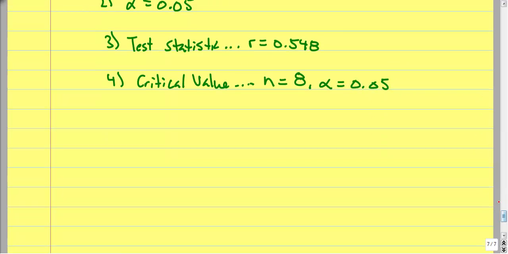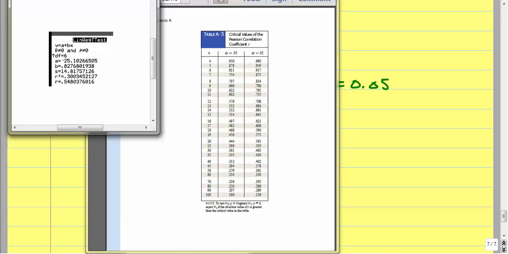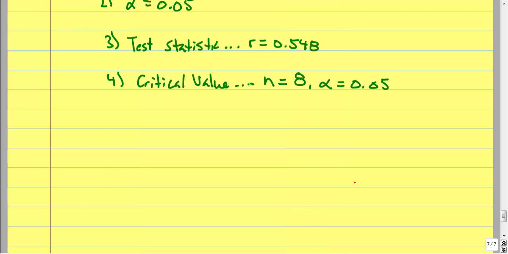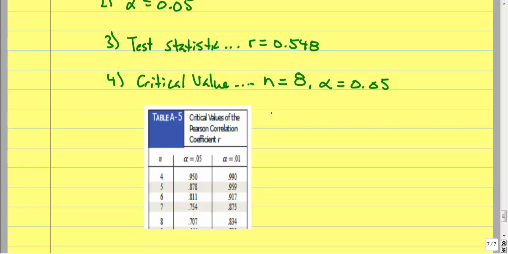Okay, so now to find that critical value, we'll go ahead and open up our tables. So this is n equal 8, and then we're looking under the 0.05 column.